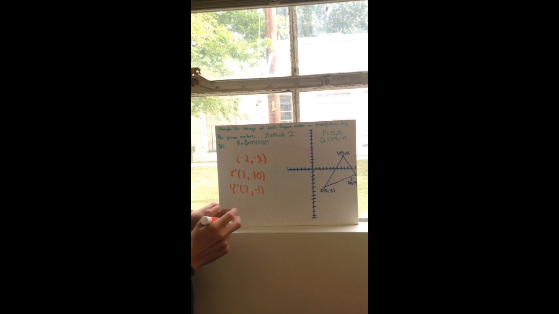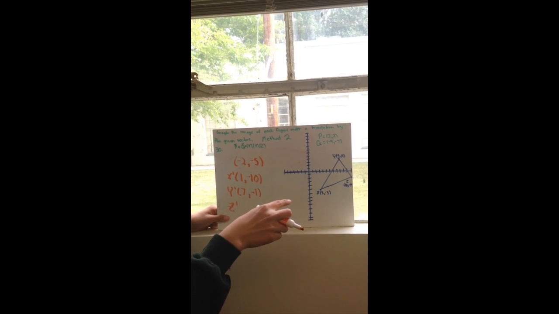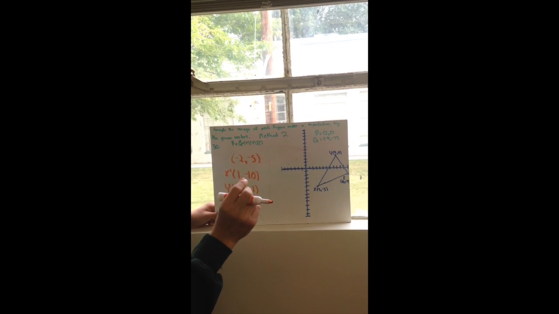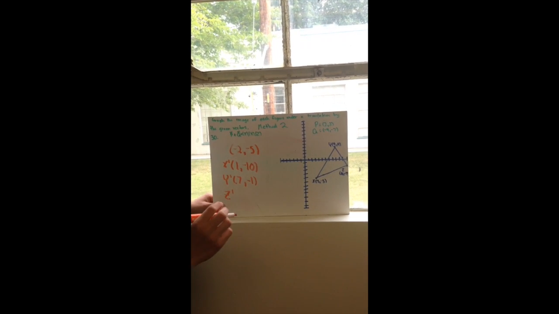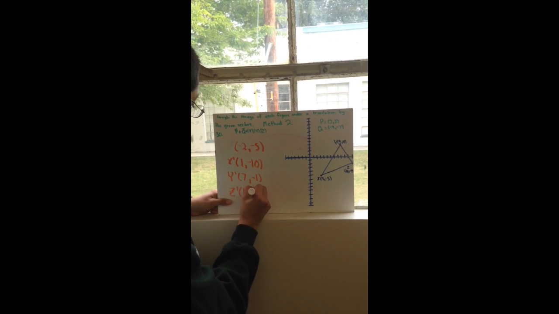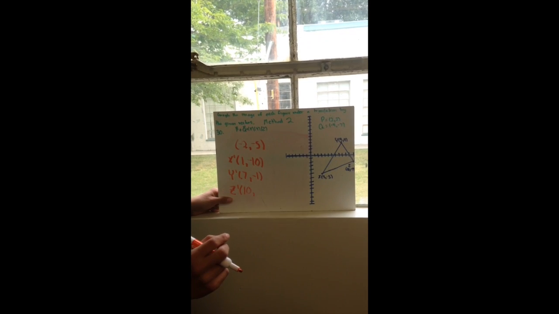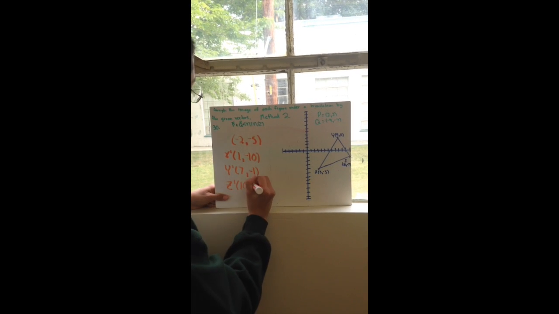To find our Z prime, we do the same thing again. So it is 12 minus 2, which is 10, and then negative 2 minus 5, which is negative 7.